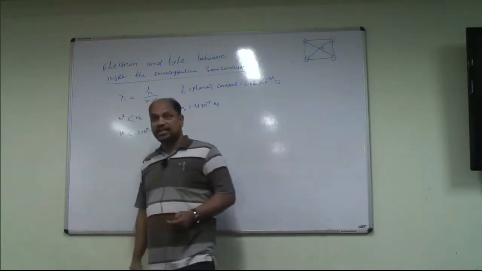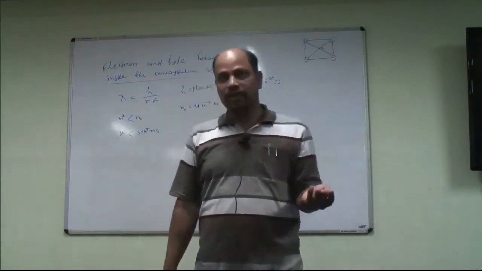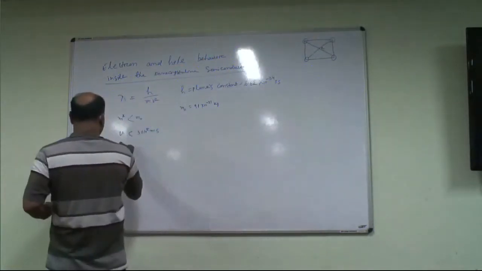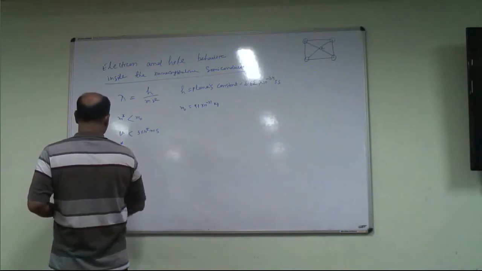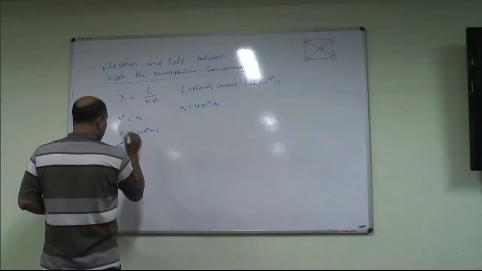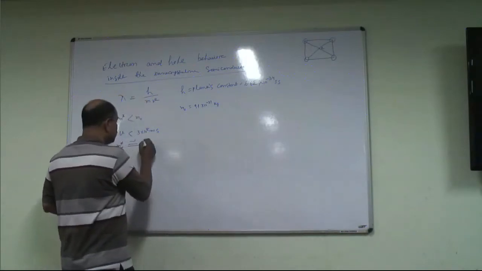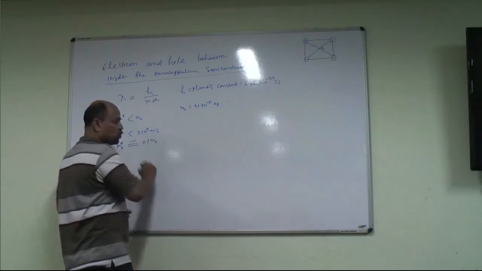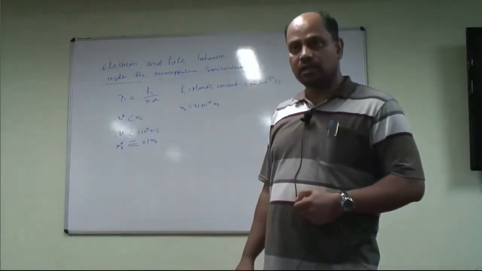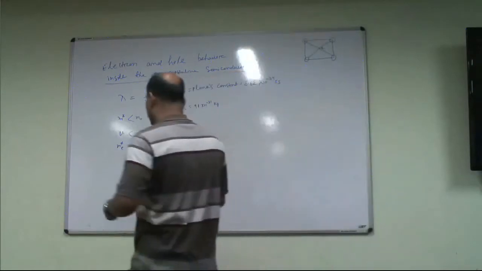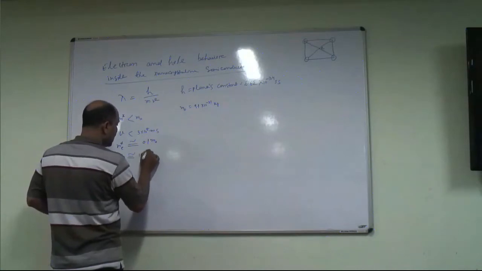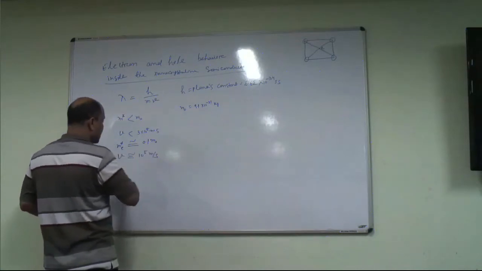So now let us take a typical example of a semiconductor where the effective mass of the electron is equivalent to 0.1 of m0, a typical value for a semiconductor due to the bound nature, and the velocity is 10 to the power 5 meter per second.